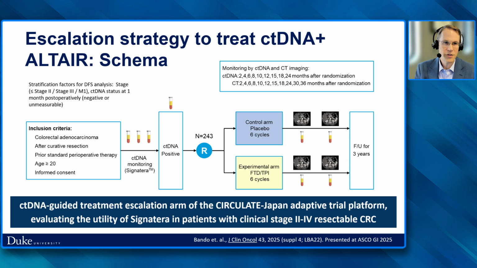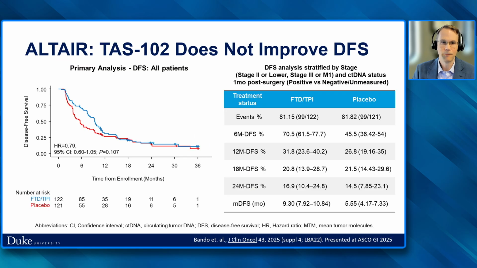This is the ALTAIR study. This was conducted as a spin-off prospective trial out of the Japanese group, out of the Galaxy trial. Here, they took patients who had finished all of their adjuvant chemotherapy and all of their treatments and were still ctDNA positive, and they randomized these patients to 6 months of TAS-102 or a placebo control, and the primary endpoint here was disease-free survival.